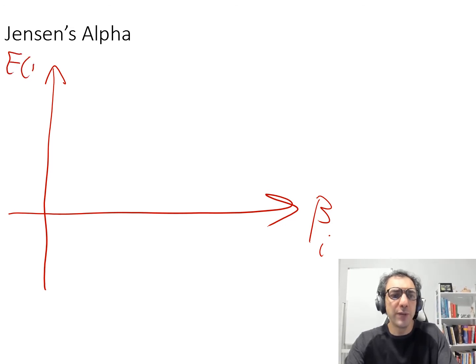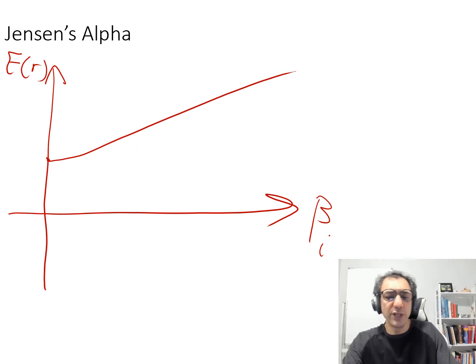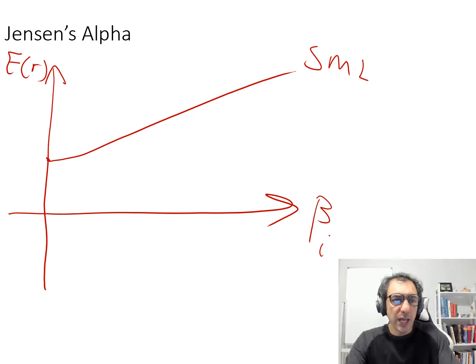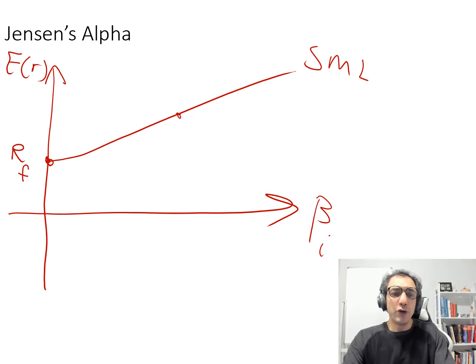So here is our beta, here is the expected return, and also I demonstrated the security market line, which is showing the relationship between the beta and expected return. Here is your risk-free rate. The beta is 0, but still you are getting some return. For the market, if you are considering the beta of 1, you should expect as much as the market is giving you. Here is the expected return on the market.